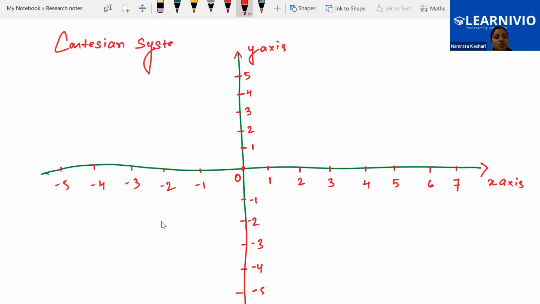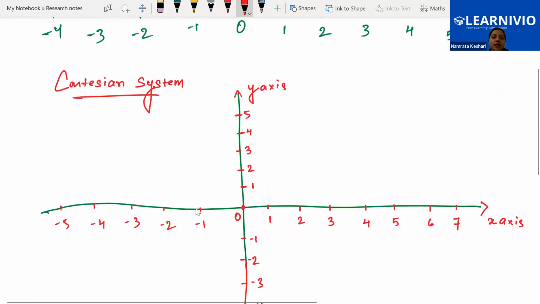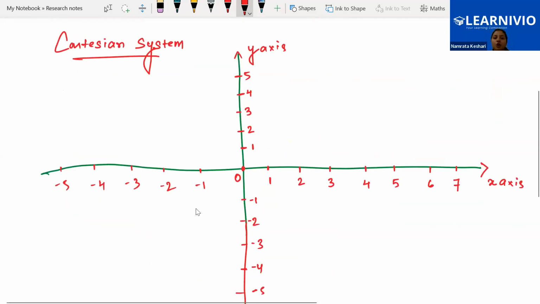Don't worry, these are just names. The way previously we called the green line a number line, similarly this arrangement is called the Cartesian system. Here we have named the horizontal line x-axis and the vertical line y-axis.